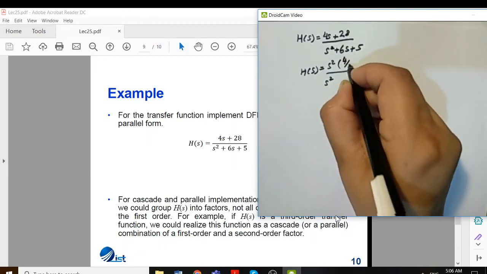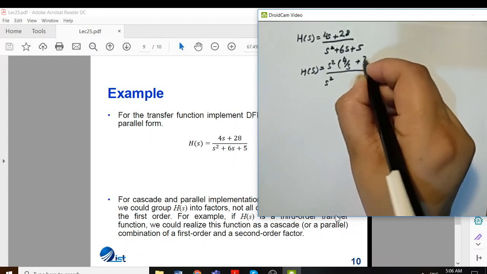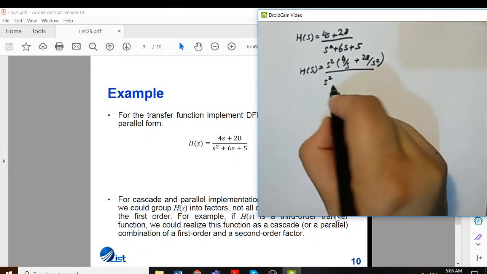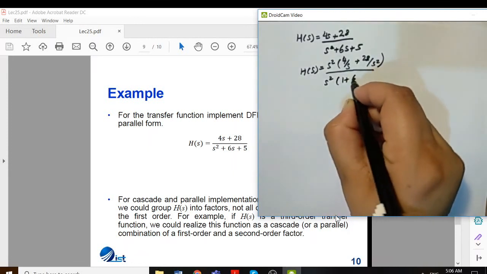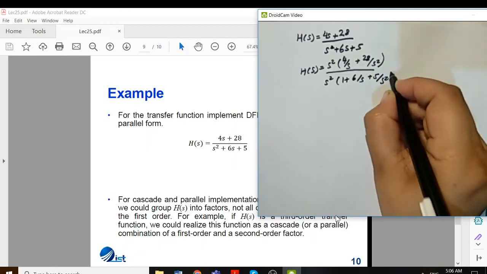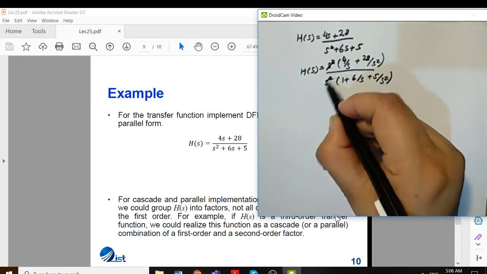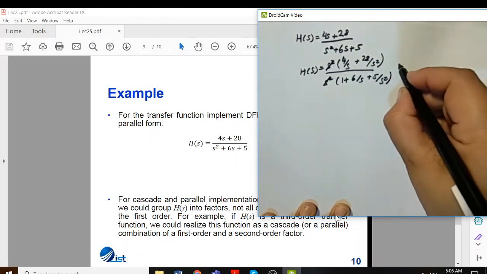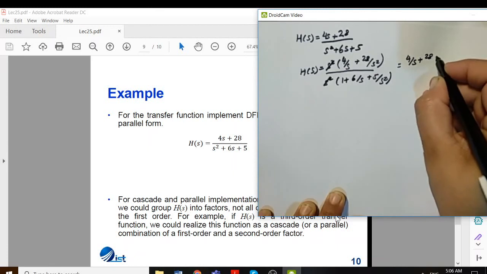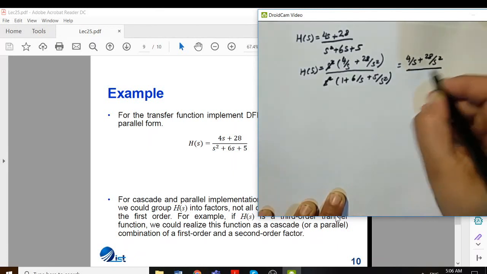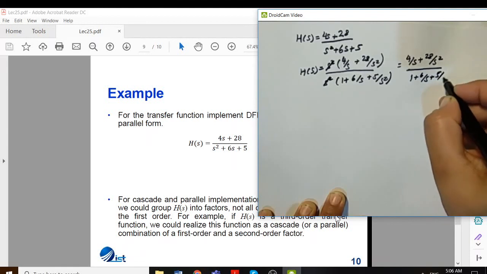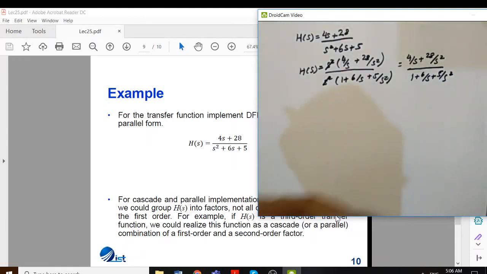The numerator becomes 4/s + 28/s², and the denominator becomes 1 + 6/s + 5/s². So the s² gets cancelled, and this is the transfer function that we have to implement for direct form 1 and direct form 2.